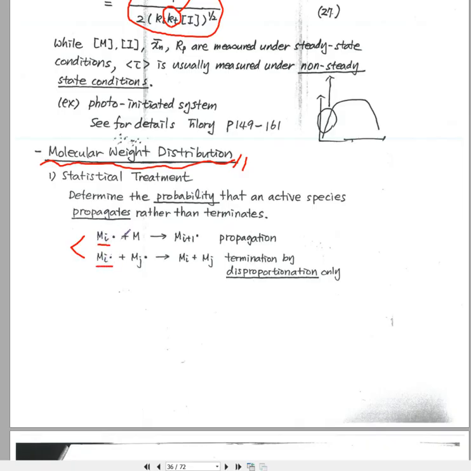The free radical can attack monomers, basically doing the propagation, or it can meet another free radical and just die. So there are two fates that this free radical can have.